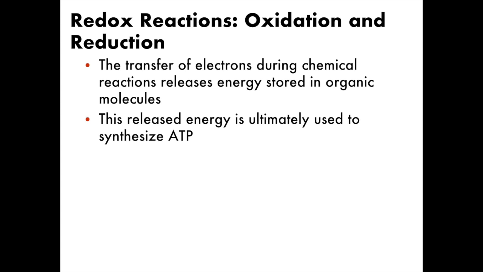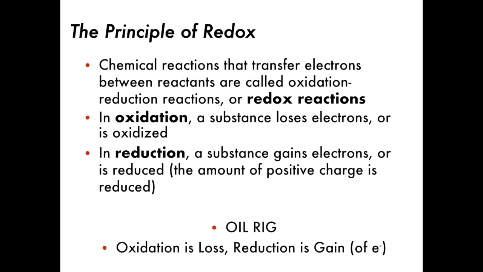So we can transfer electrons to release the energy that is stored in chemical bonds, and we can use that to produce ATP. So, redox is what we call oxidation reduction reactions, because it's reduction, oxidation. When we transfer electrons between reactants, that is an oxidation reduction reaction or a redox reaction.